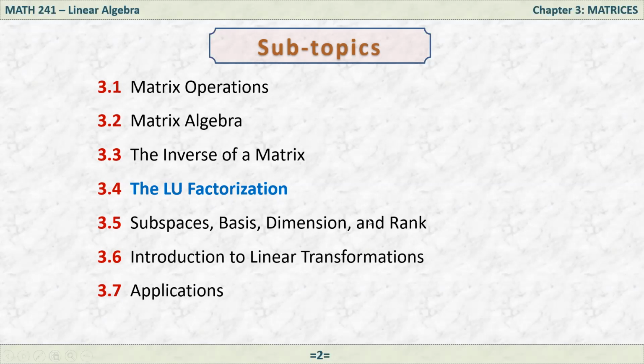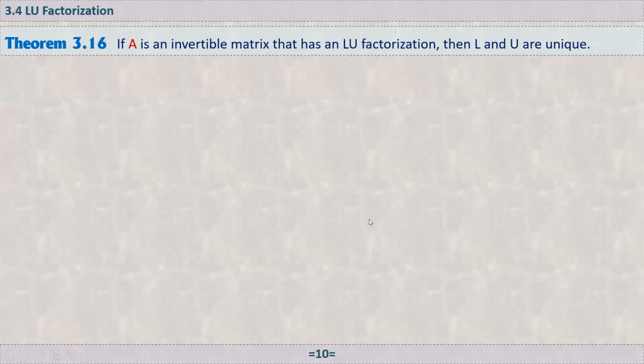Okay. Number 10. All right. Now, the theorem says that if A is an invertible matrix that has an LU factorization, then L and U are unique, right?